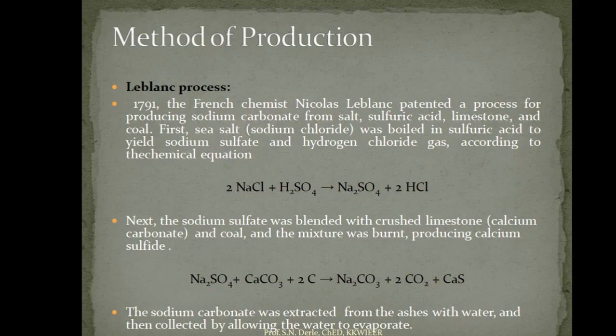Next, sodium sulfate was blended with crushed limestone and coal, and the mixture was burnt to produce calcium sulfide and sodium carbonate. The sodium carbonate was extracted from the ashes with water and then collected by allowing the water to evaporate.